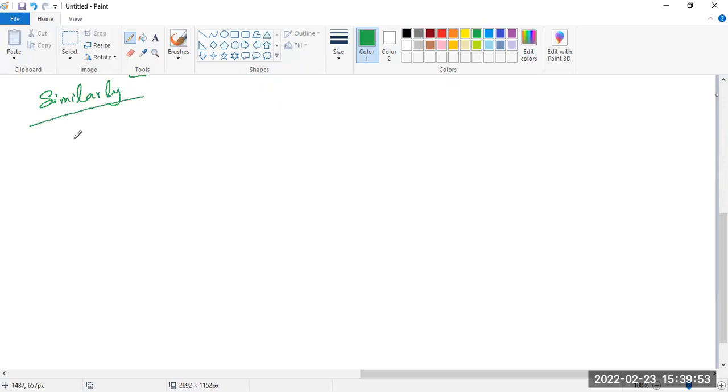Similarly, we can write that V1 is Z12 and I2, and that is the equation 7.